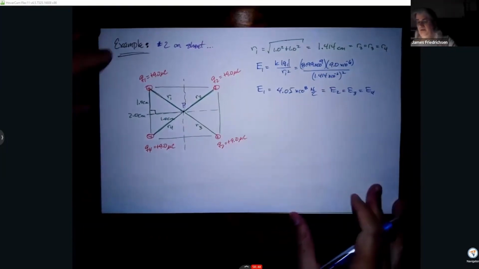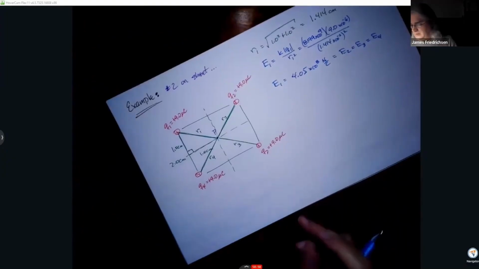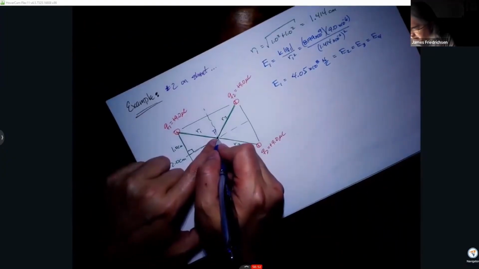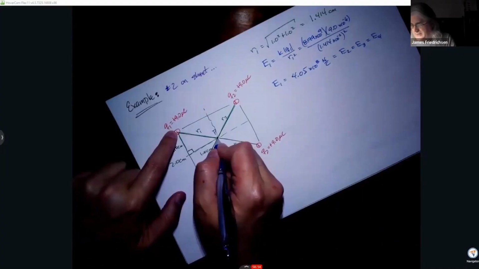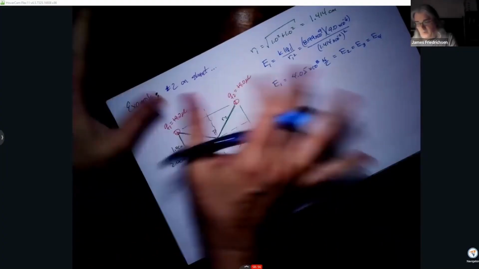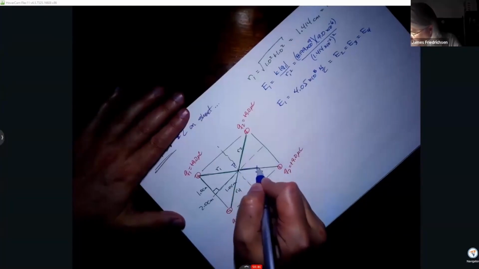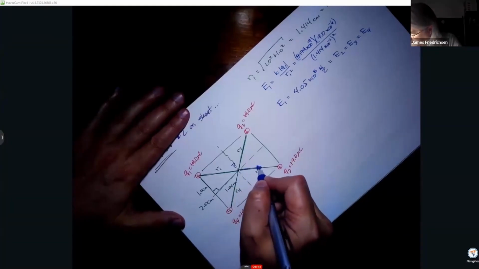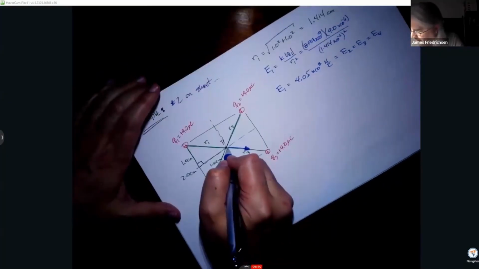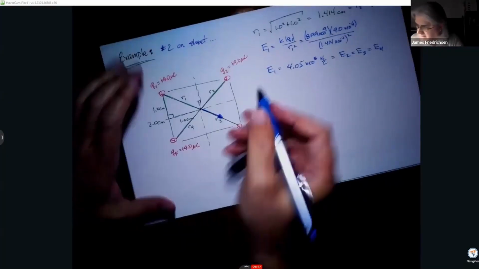Now, when we go to find our directions, because these are vector quantities, remember we're going to start at point P, and since charge 1 is positive, it's going to go out away. So starting at P and going away means that my E1 as a vector goes towards Q3, away from Q1.